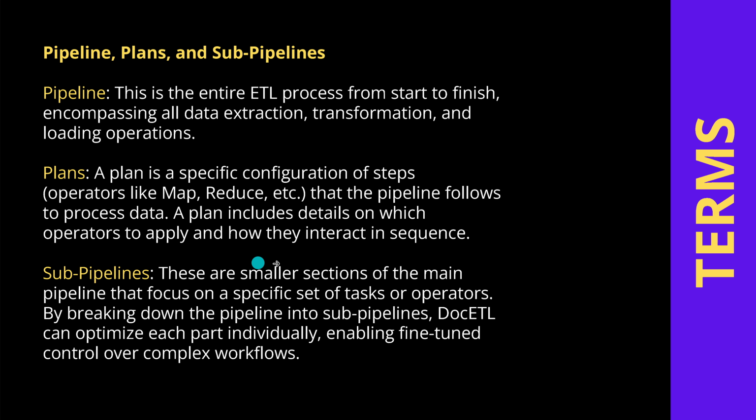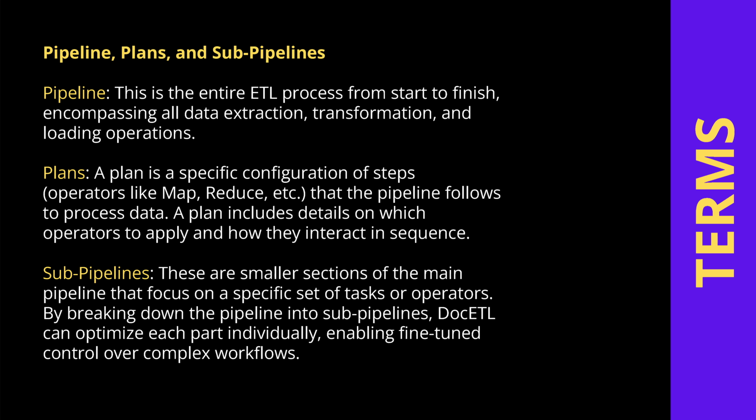Sub-pipelines, yes, you guessed it, are smaller sections of our main pipeline that we pick out and try to optimize. So if a pipeline has, let's say, 10 sub-pipelines, we look at each of those 10 sub-pipelines and try to optimize the smaller section of the main pipeline that focuses only on a very specific set of tasks and operators.